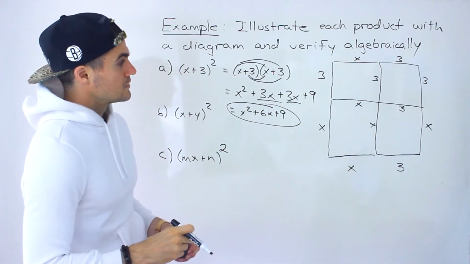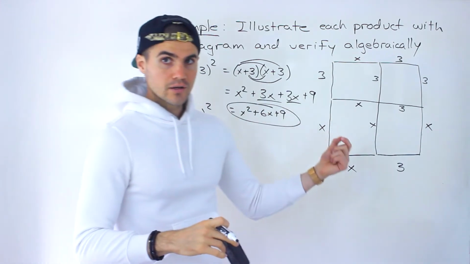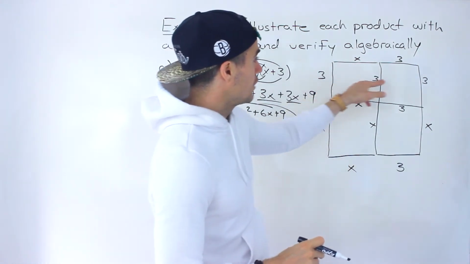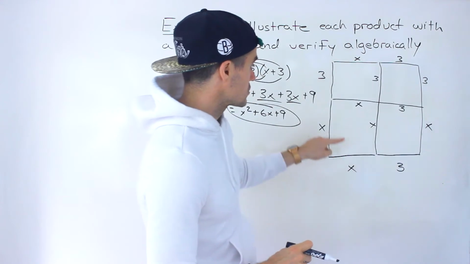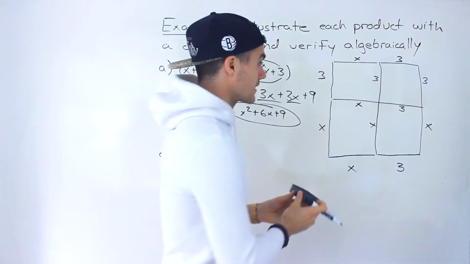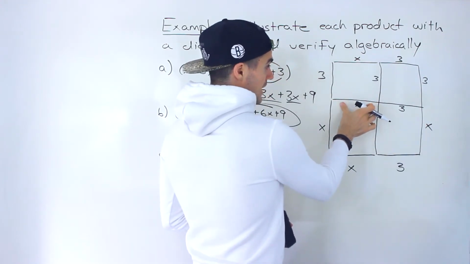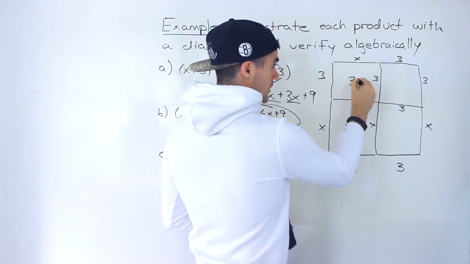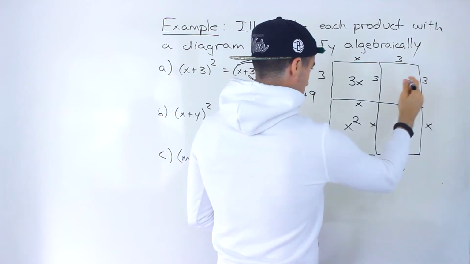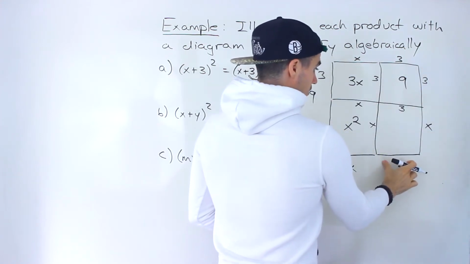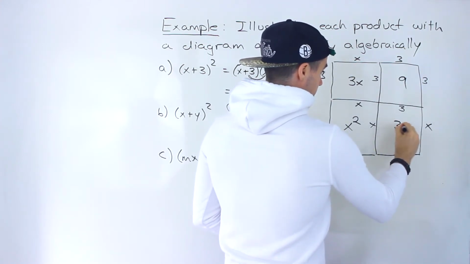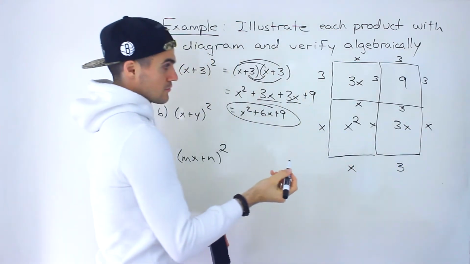Now we can find the area of each of these rectangles. This one would be x times x, which gives us x squared. This one would be x times 3, which gives us 3x. This one would be 3 times 3, which gives us 9. And 3 times x gives us 3x.